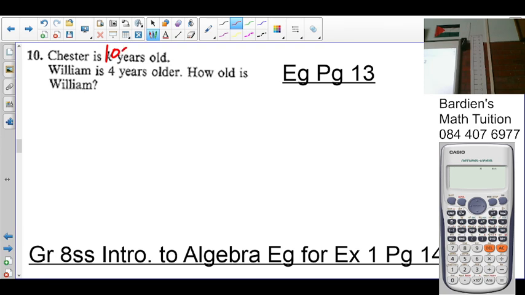If Chester was 100, William is 104. It's 4 years older, just adding 4. So when you have numbers, you do the same as when you have variables. Whatever K was, you must add 4. Make sense, people? Alright. Let's go with the next one.